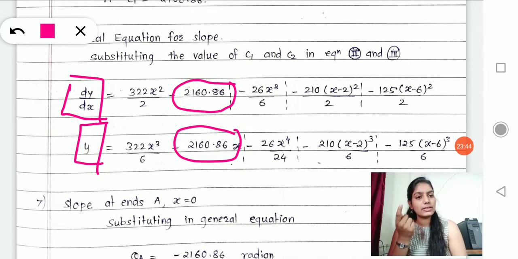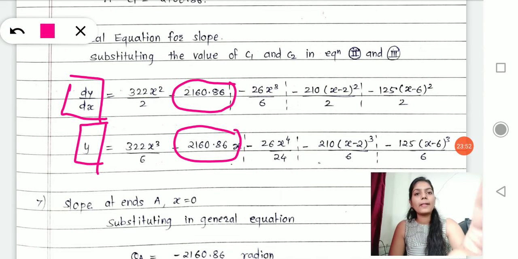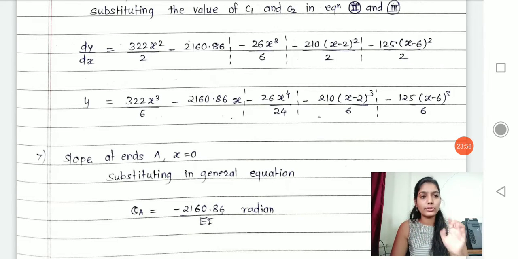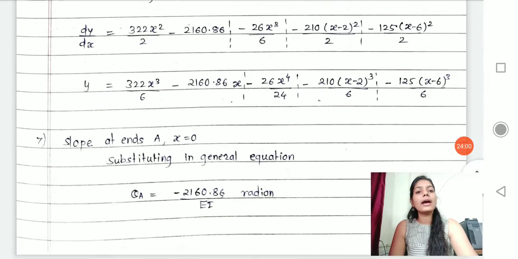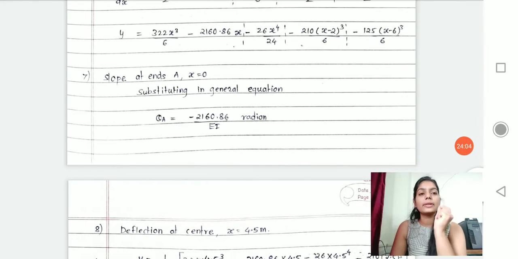Therefore you can't see the C2 value here, but C1 you can see. Nothing to do here, just a substitution of your C1 and C2 into your original equations. Now calculating slope and deflection.